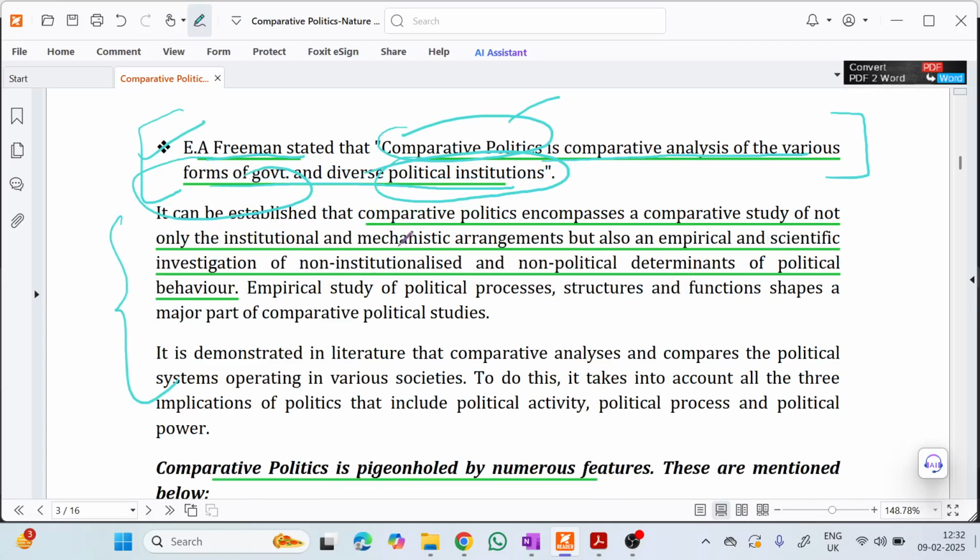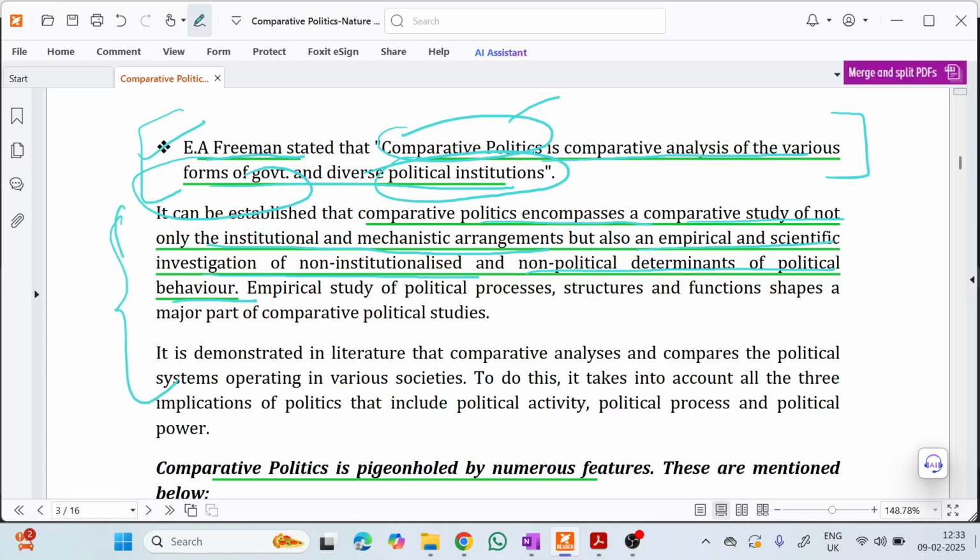So here it can be established that comparative politics encompasses the comparative study of not only institutional and mechanistic arrangements, but also an empirical and scientific investigation of non-institutionalized and non-political determinants of political behavior.